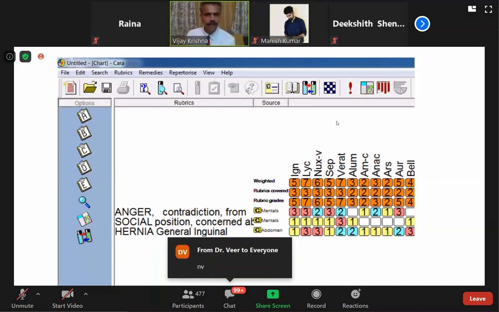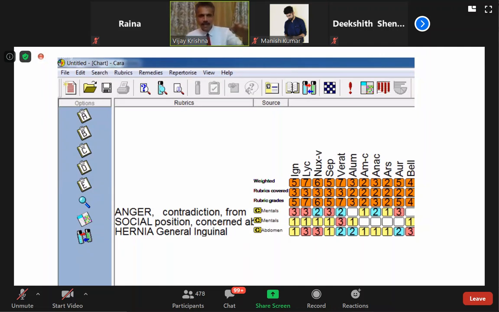Very good, absolutely right. See, like Nux vomica, he is not a guy who is angry even outside. I told you I know him very closely. He has a very decent image with us, with our common friends. You can never see his anger. Anger is what is more expressed at home or in his office. Hard on inferiors, soft on superiors.